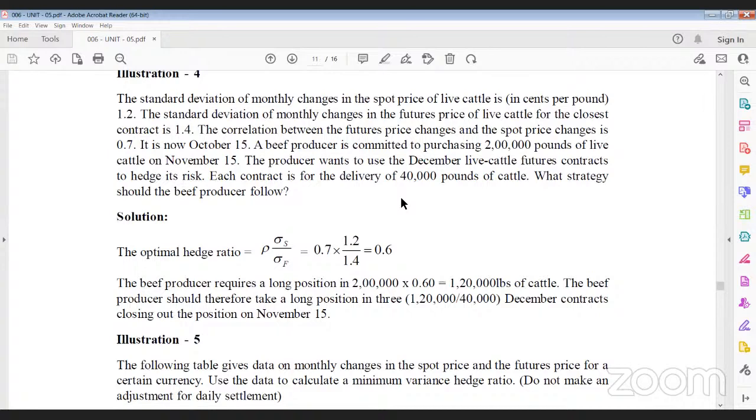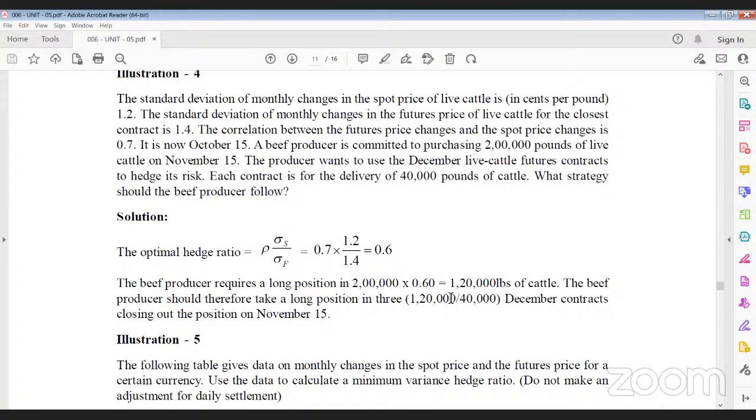Now see here, the optimal hedge ratio is the correlation times the spot standard deviation, divided by the future standard deviation. Spot standard deviation is 1.2, future standard deviation is 1.4, and the correlation is 0.7, which simplifies to 0.6. Now, if you look at this long position, we are told 2 lakh pounds of live cattle, right? 2 lakh into 0.60 is 1,20,000 pounds of cattle.